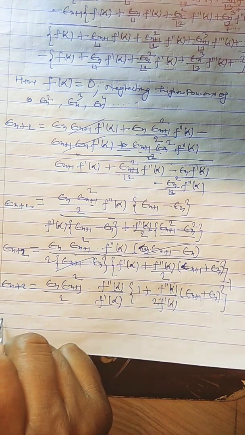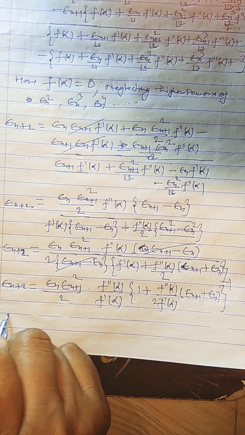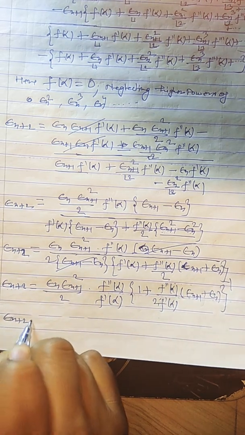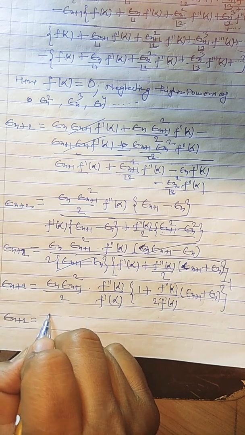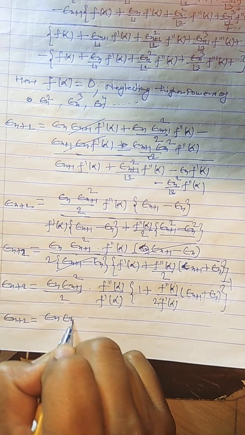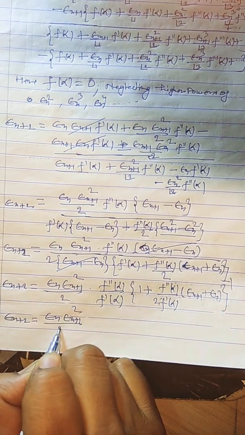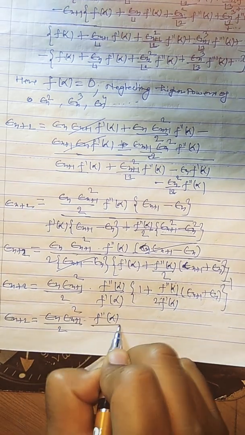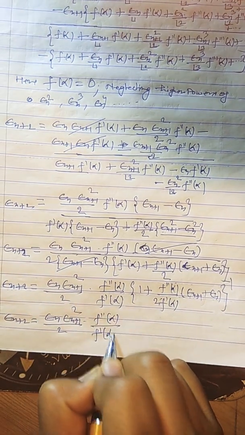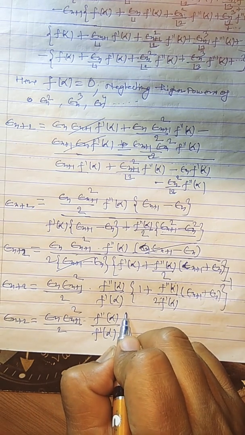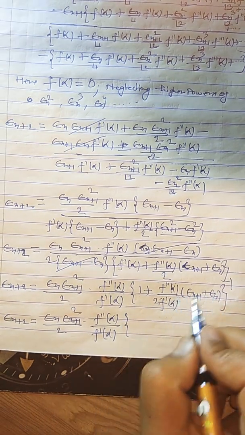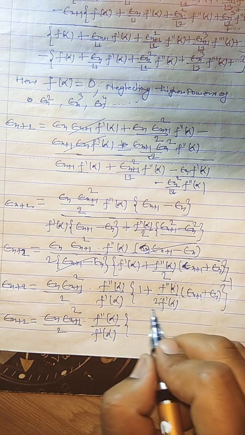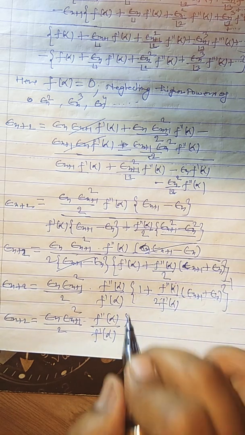Okay, now we write here epsilon n plus 2 is equal to epsilon n plus 1 square upon 2. Here we have f double dash alpha upon f dash alpha, and when we expand this, 1 plus x to the power minus 1 is 1 minus x plus x square and so on.